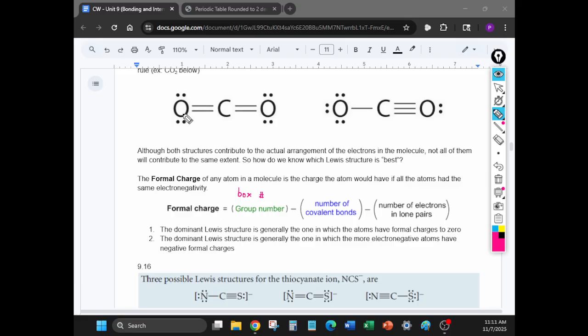So for formal charge of this oxygen right here, we're going to start with the number 6. And I'll start color coding this so it's easier for you guys to see. And then it's going to be minus the number of covalent bonds. Basically, how many lines are attached to that element. So if you look at O, how many lines are attached to O in the picture? 2. So it'll be minus 2.